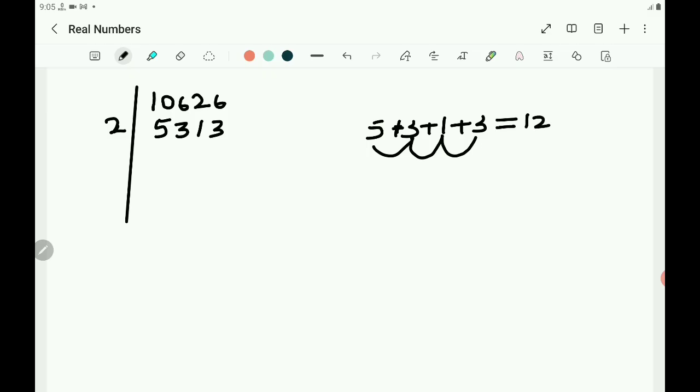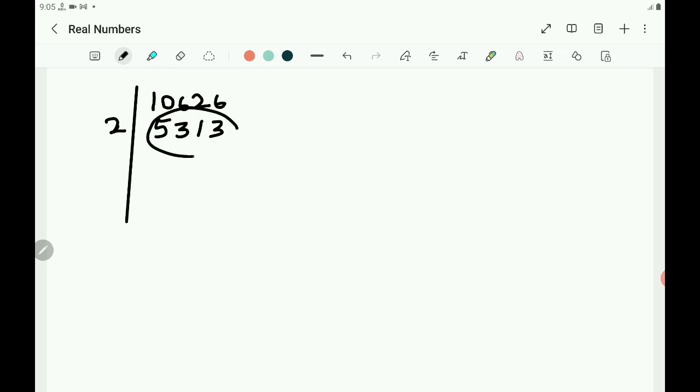So you know that 12 is divisible by 3, and therefore the number 5313 is also divisible by 3. Then you write 3 here. 3 ones are 3. What is remaining? 5 minus 3, 2, 23. 23 means 3 sevens are 21. 2 is remaining, 2 1. 3 sevens are 21. 3 ones are 3.